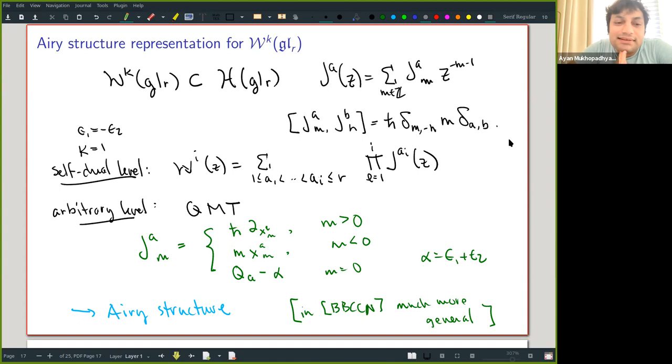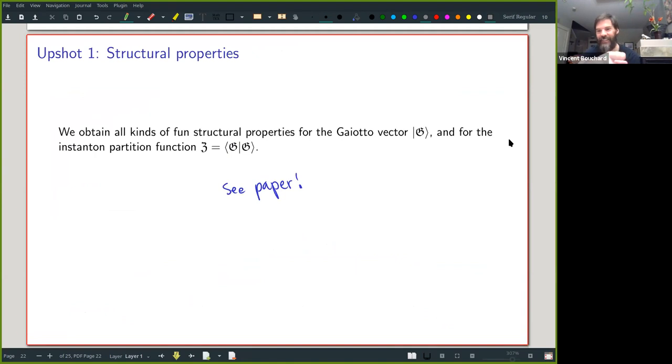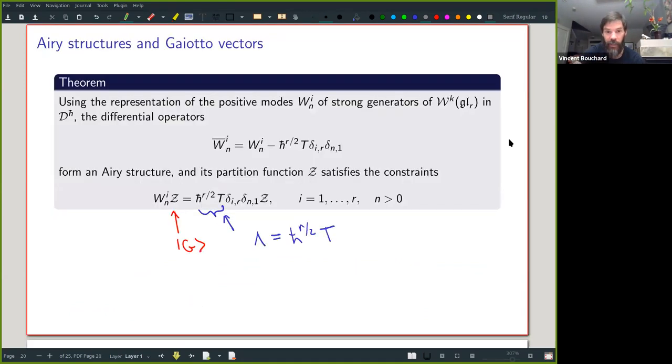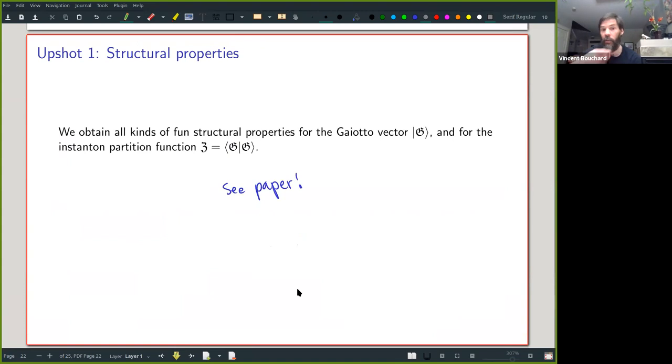Okay, I see. In fact, we do that in the paper, in the structural properties. It's a bit subtle because lambda depends on h bar, so we have to resum or re-expand the expansion in h bar, because we also want to use this power of h bar. But if you do that, you can write down the corresponding expansion for the partition function, and interpret the result in terms of instanton counting. This is similar to the localization results people use for computing this partition function directly. I see.